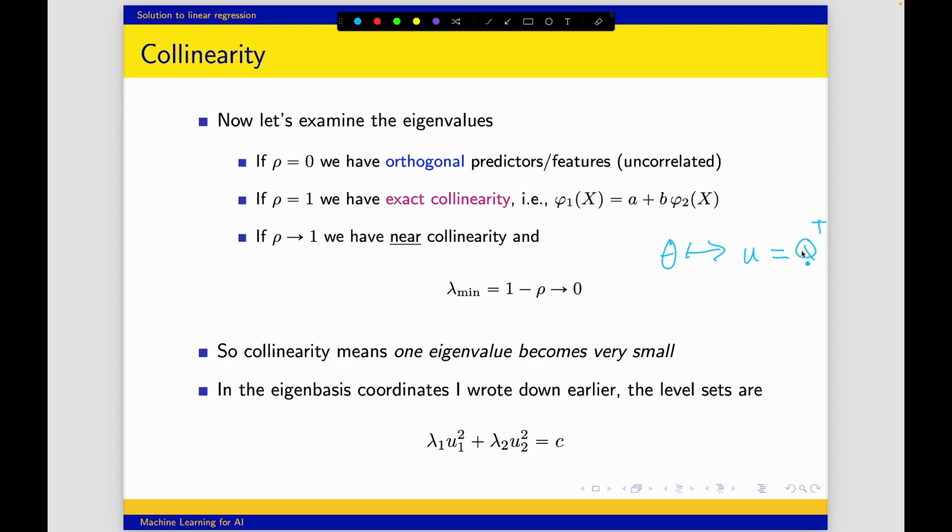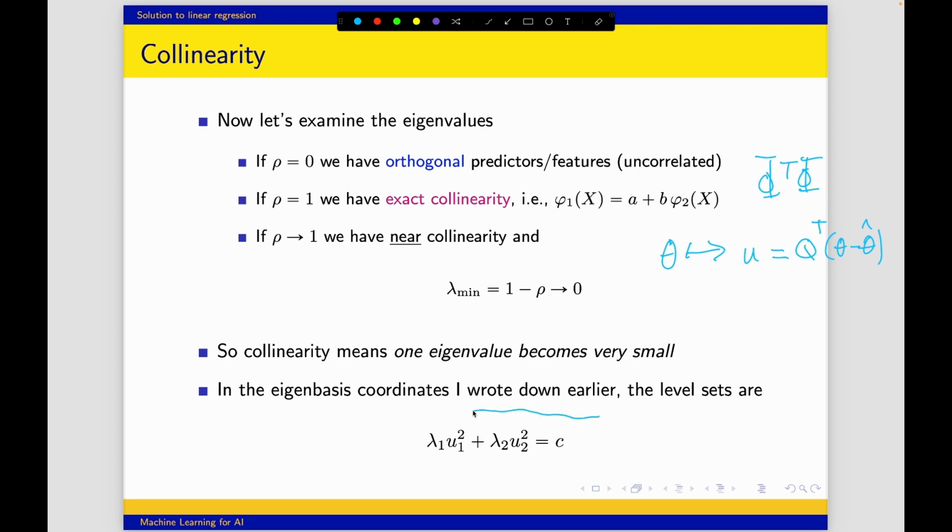These are the columns of the eigenvectors of phi transpose phi. Our matrix that I wrote down earlier, and we've just been studying its eigenvalue properties again, times theta minus theta hat, where this is the empirical risk minimization solution.